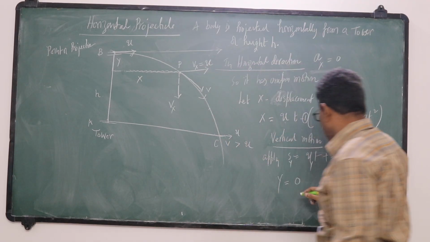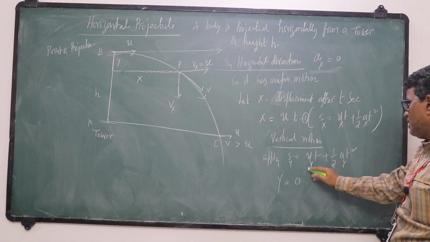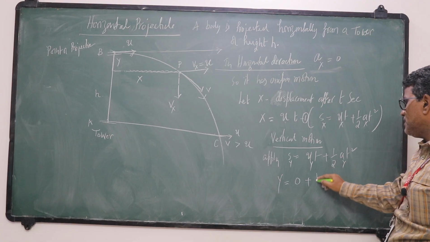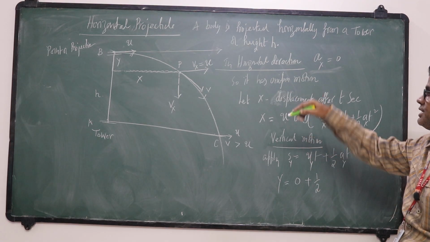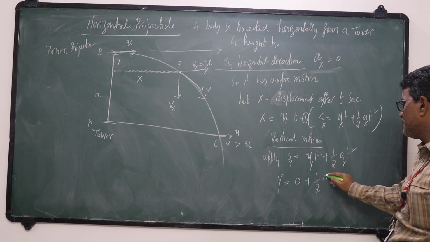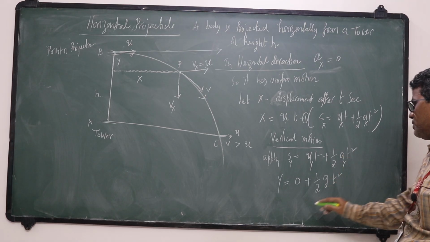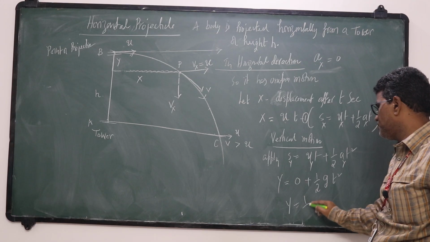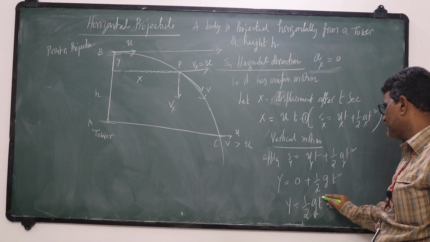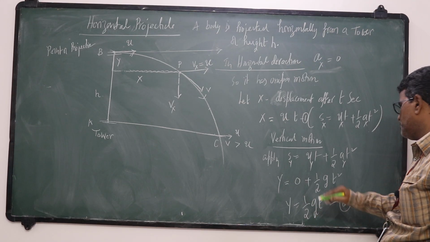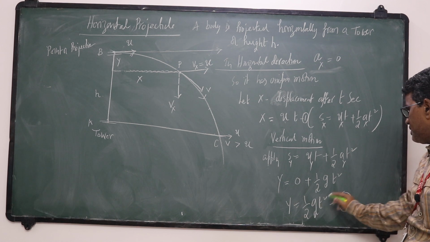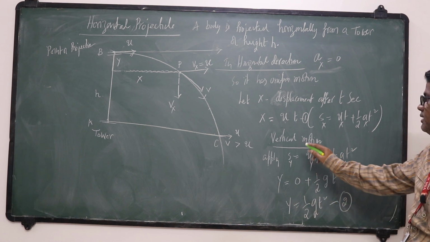So 0 plus, acceleration in the vertical direction is g only, into t square. So y is equal to half gt square. You call it equation 2. This is the vertical displacement after t seconds.